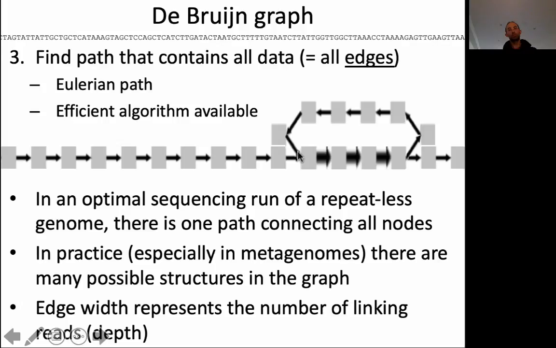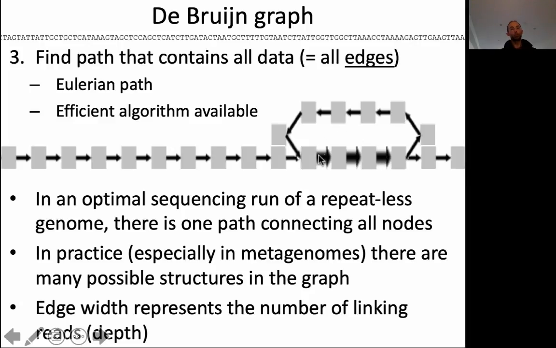So this means that there is a region over here in the genome that is repeated, and these k-mers are present multiple times. This can be partially resolved, and different assembly algorithms actually use different methods to do this. It can be partly resolved by using the width of the edges, which, as you remember from the previous slide, represents the number of reads that are linking these two k-mers in the data.